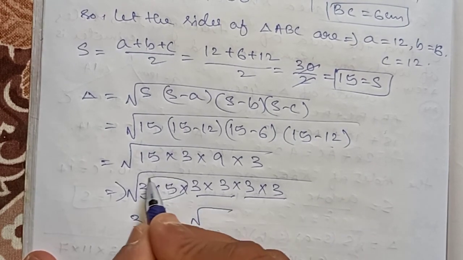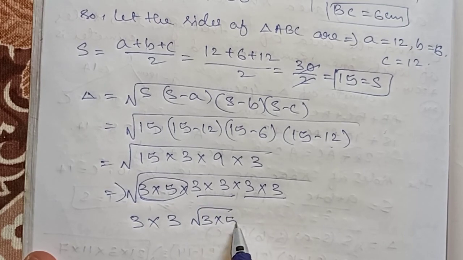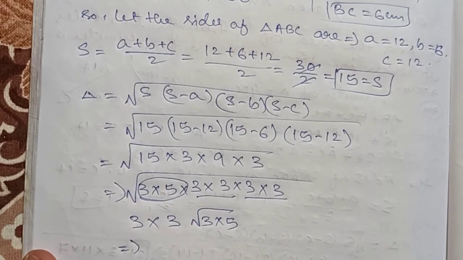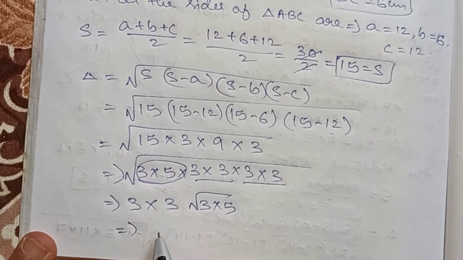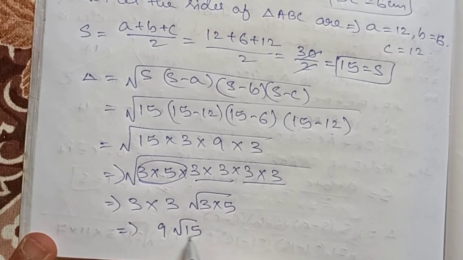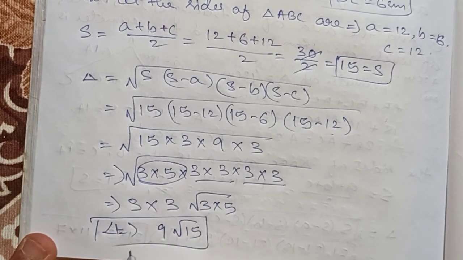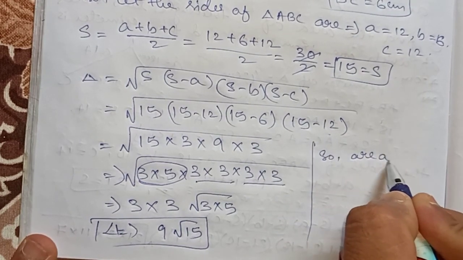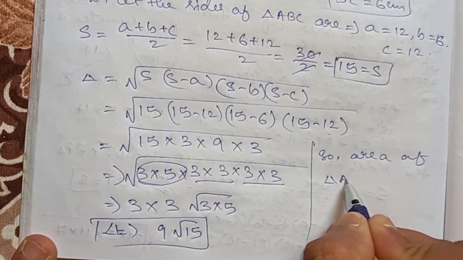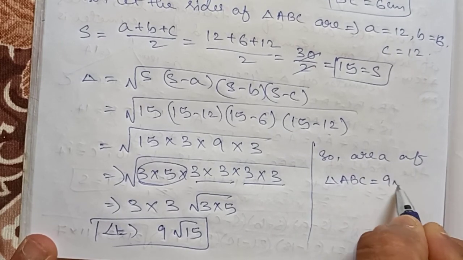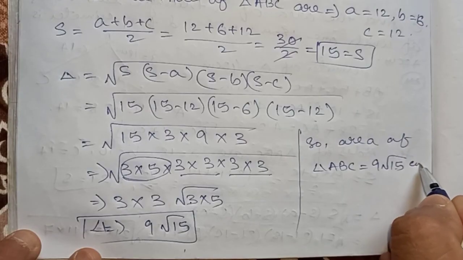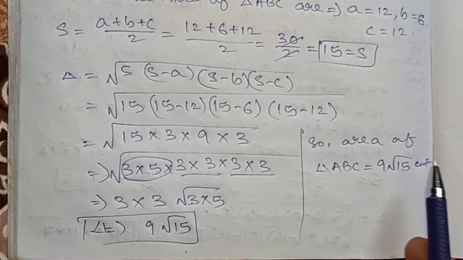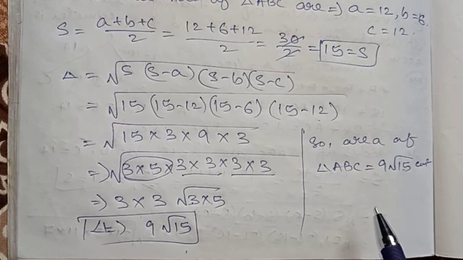Now what is left alone? 3 into 5 is left alone. So the answer will be 3 3s are 9 root 15. This is the area of triangle ABC. So area of triangle ABC is 9 root 15 centimeter square. Okay, so in this way we can calculate the area of this triangle.